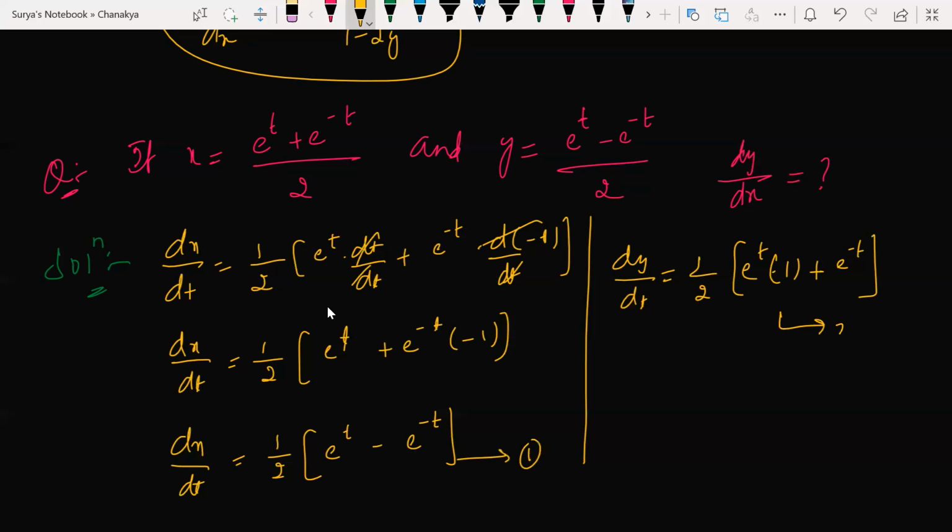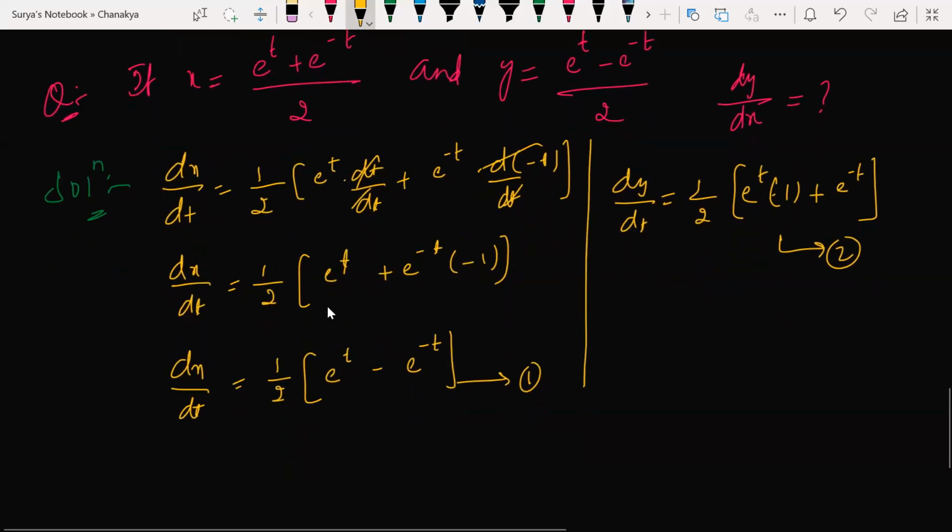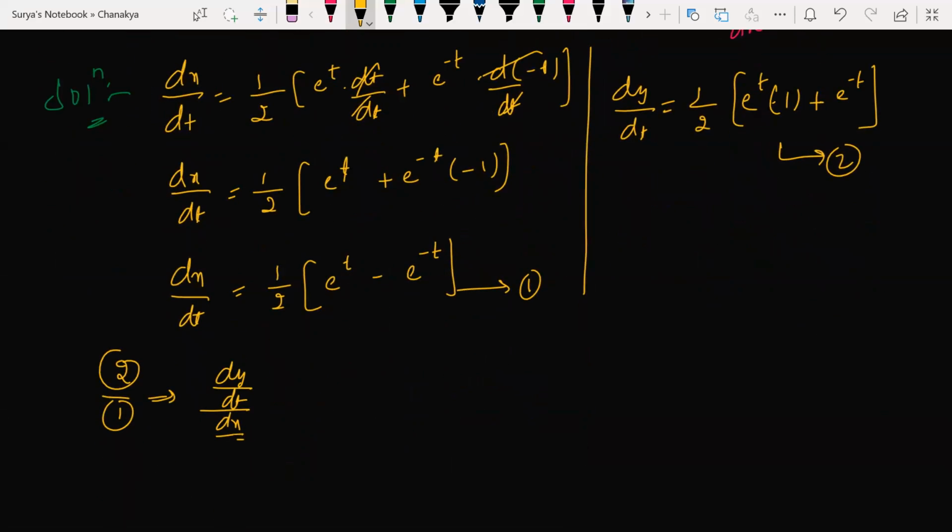Yes, sir. Now for finding dy by dx, what I have to do? dy by dt whole divided by dx by dt. So 1 by 2 times e to the power of t plus e to the power of minus t, whole divided by 1 by 2 times e to the power of t minus e to the power of minus t.